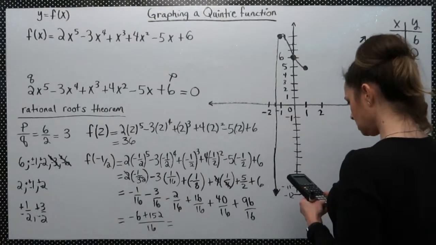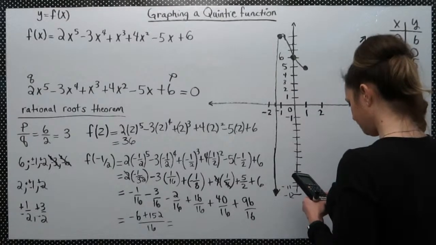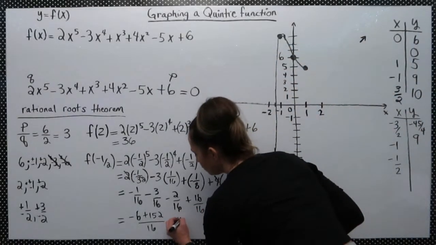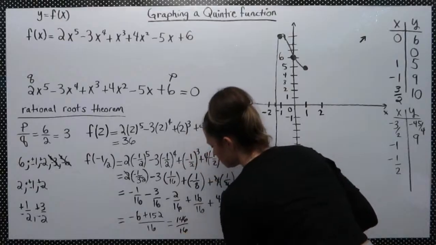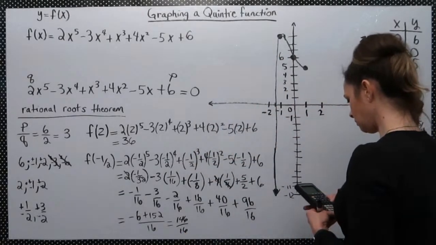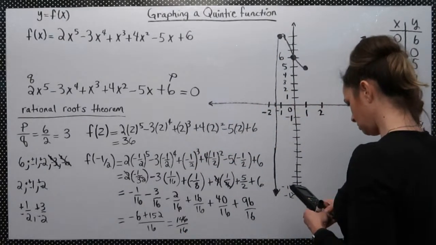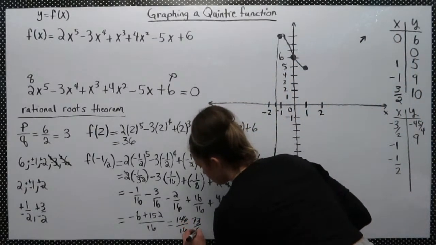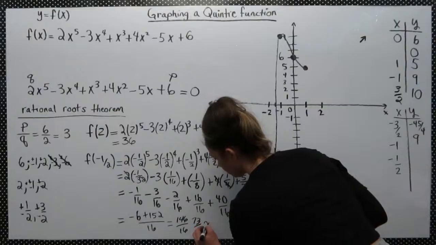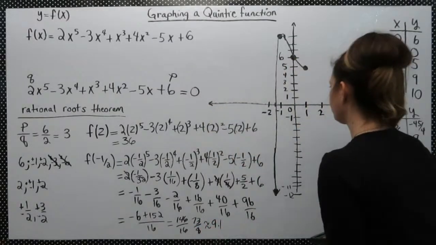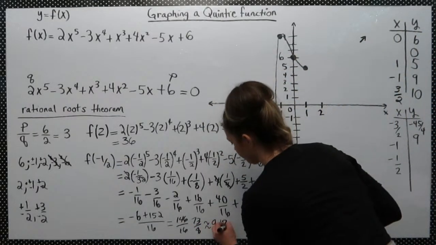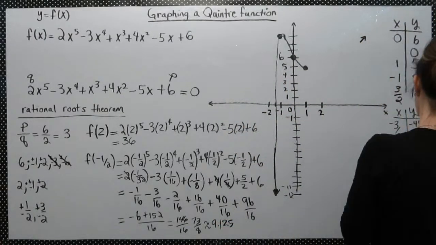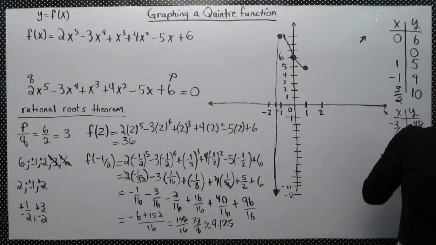-152 -6. I'm getting 146 over 16. And that reduces down to 73 over 8, which is approximately 9.125. So negative, let's see what that was, -1/2. -1, we're at 9.